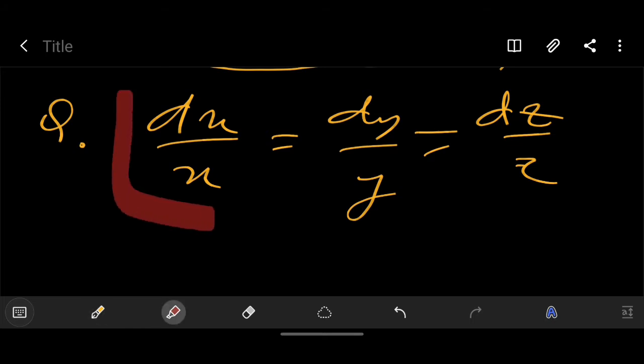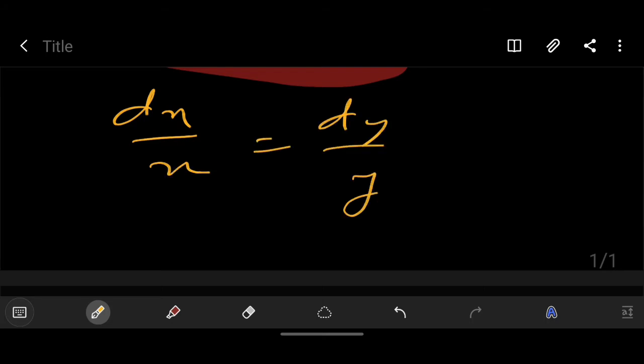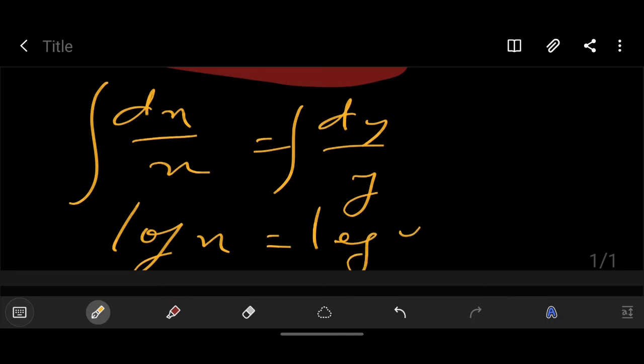Let's take the first two: dx by x equals dy by y. Integrating, we get log of x equals log of y plus the integration constant, which we write as log of c1.